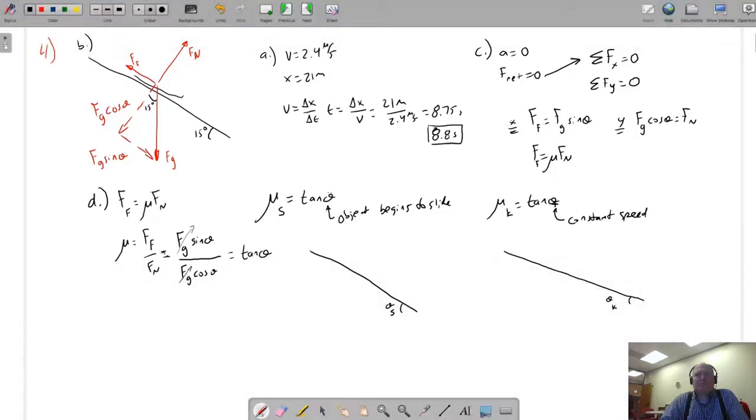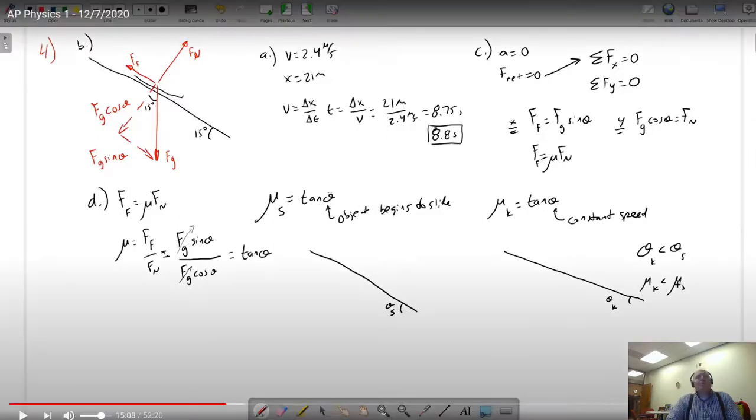And if the angle theta is smaller, then the coefficient of friction is smaller. So theta k is less than theta s, and that's because mu sub k is going to be less than mu sub s.